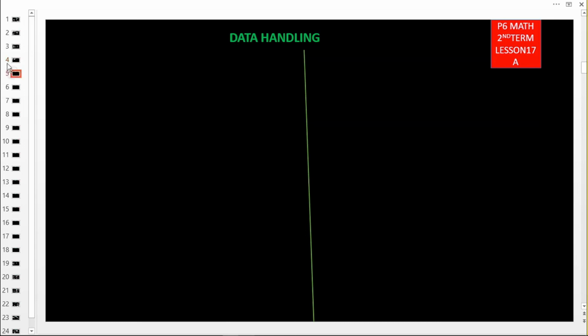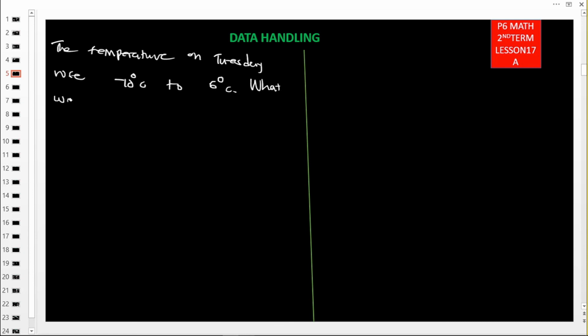Number 2 is telling us that the temperature on Tuesday rose from -10 degrees Celsius to 6 degrees Celsius. What was the range?